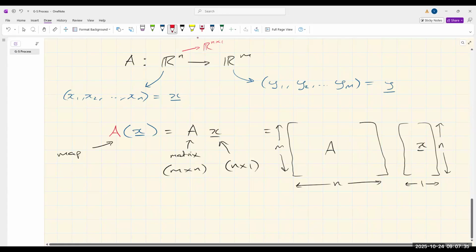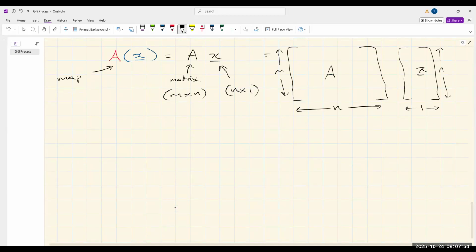But the reason why I didn't write that is because R^n is isomorphic to R^(n by 1). So now we're just identifying the two spaces to be essentially the same space because they are isomorphic as vector spaces, right? The example for that is if I give you, for example, let's say 4, 7, minus 1.